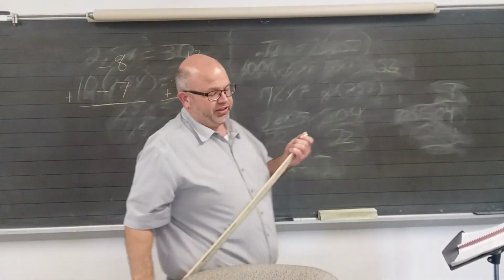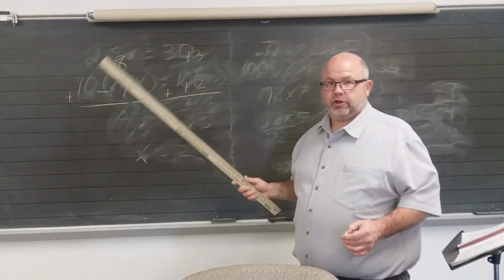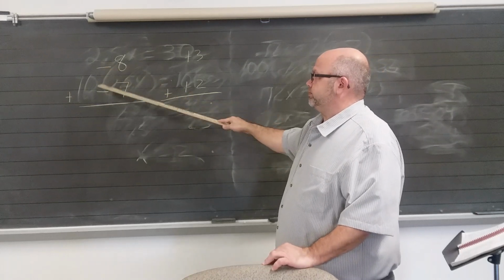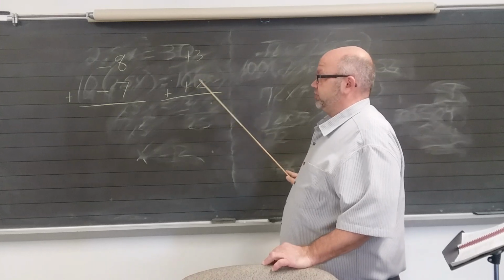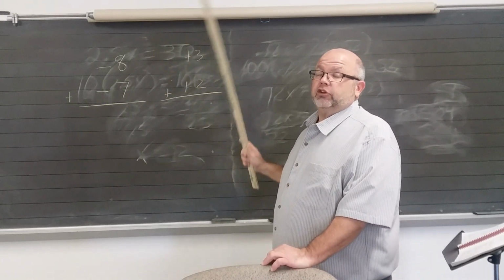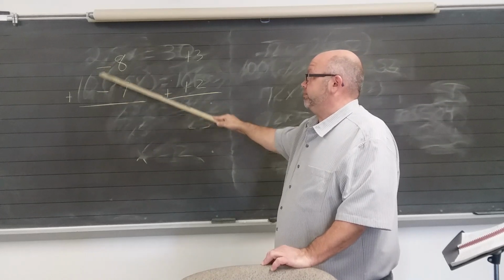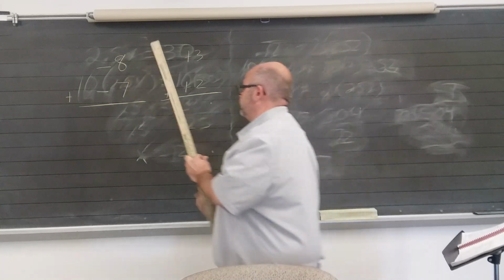Now get this into your head, okay? If you are adding two numbers with the same sign, -8, -7, +3, +2, okay? You simply add the numbers up and put the sign with them. 8 plus 7 is what? 15.